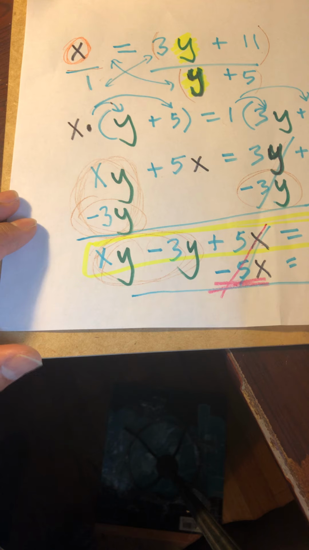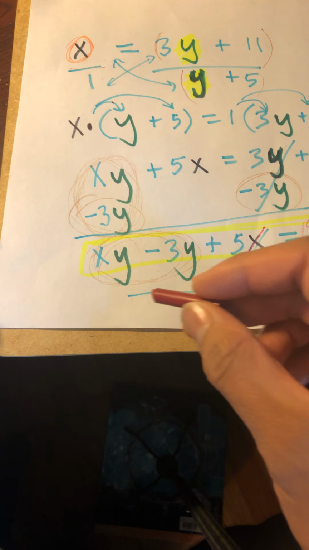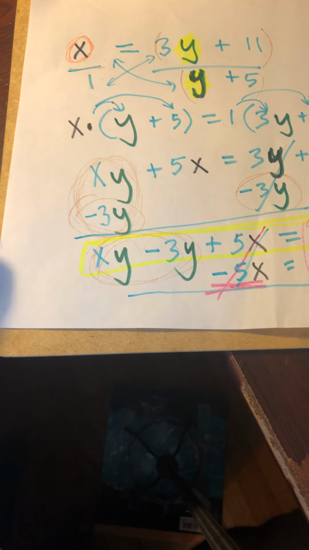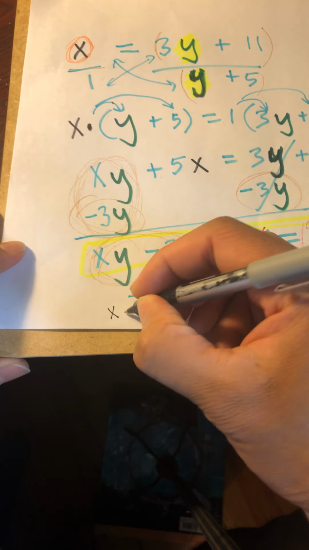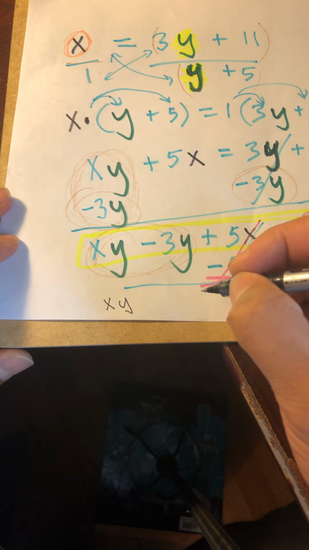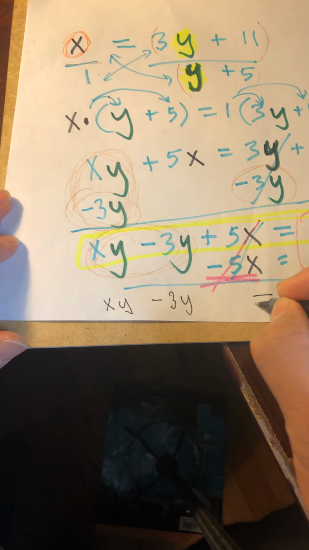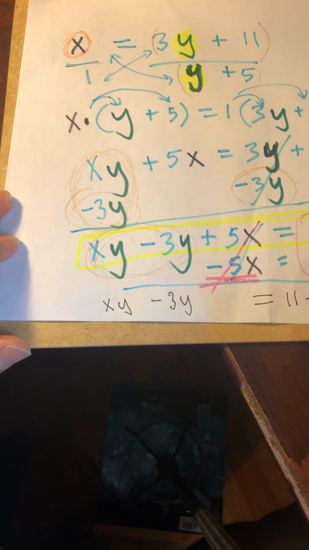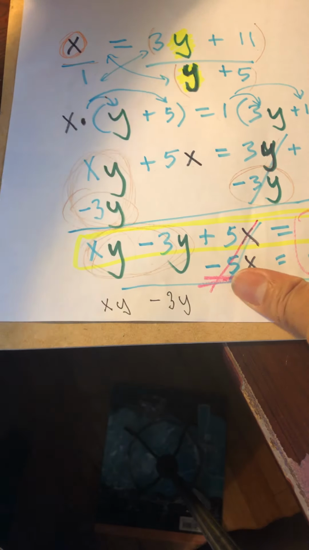And on the right I'm going to have 11 minus 5x. So let's just write this out. On the left, when I do my subtraction, I'm going to have xy minus 3y. And on the right, I'm going to have 11 minus 5x. All right? So that's what I have here.